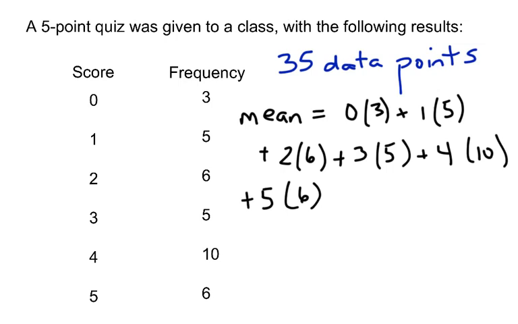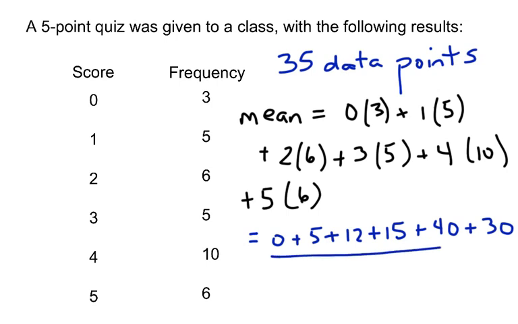So if I want the sum of all the data points, I need to do a little multiplying and then add all those things together. And so that's going to be 0 plus 5 plus 12 plus 15 plus 40 plus 30.